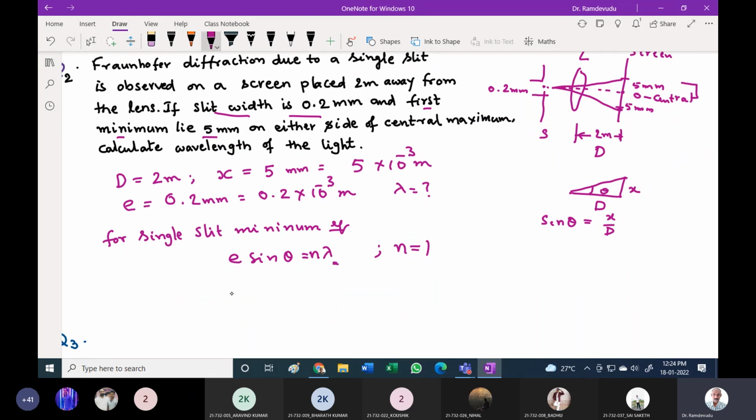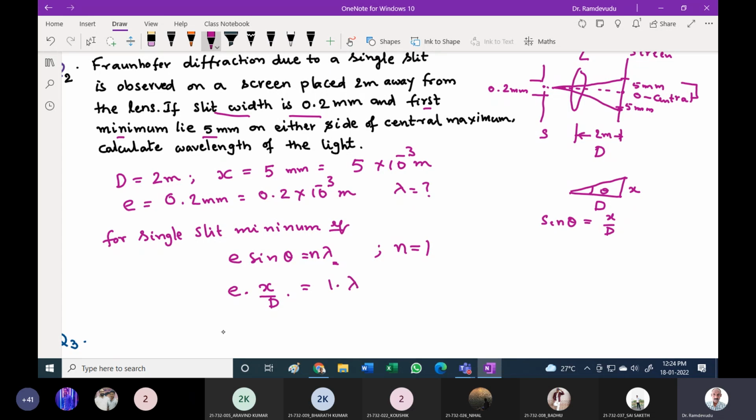E is 0.2 mm. Sine theta is x by d, so I can directly substitute: E into x by d is equal to n lambda, and n is 1.